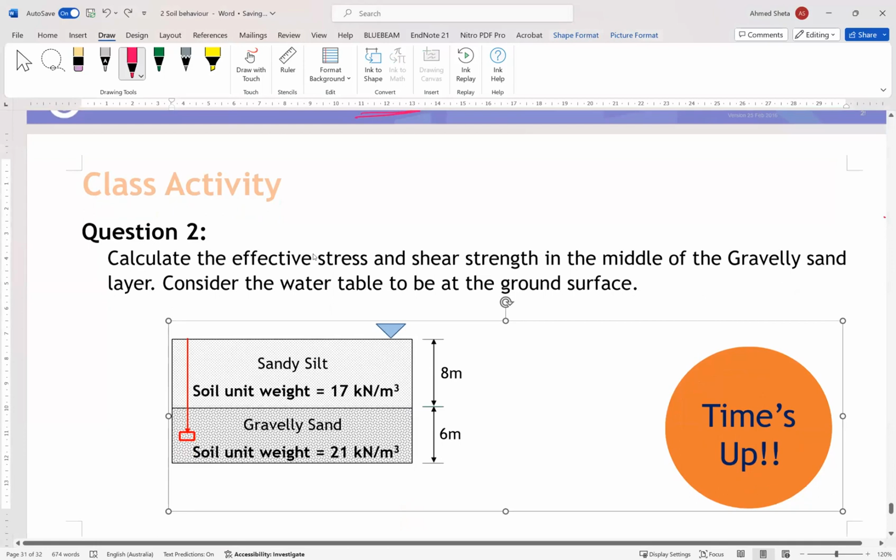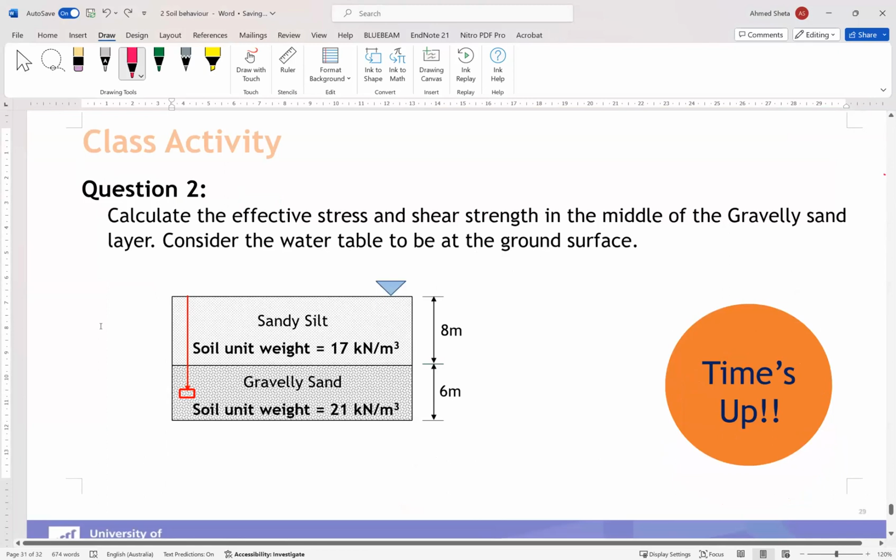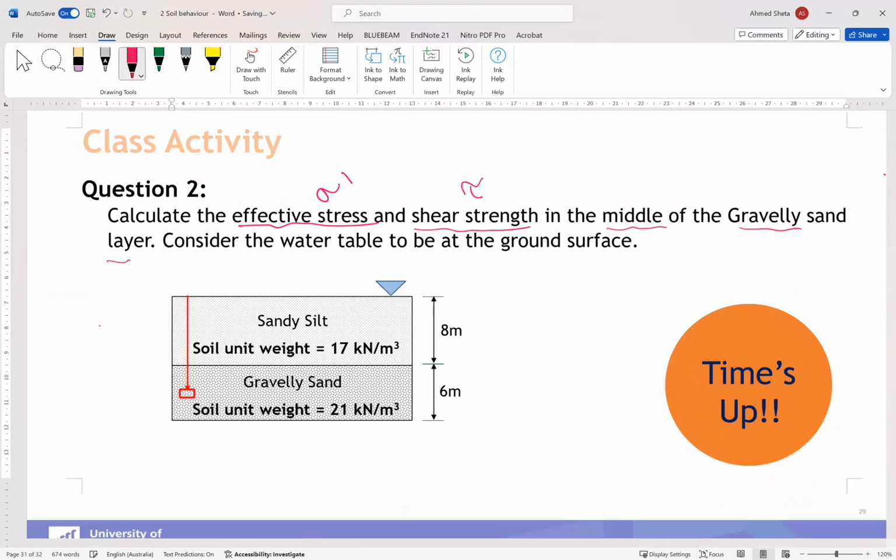We have another one. So in this one, we need to calculate the effective stress as well, sigma dash, and shear strength tau in the middle of the gravelly sand layer. Consider the water table to be at the ground surface. So the water table is here. We have two layers, one 8 meters, one 6 meters.